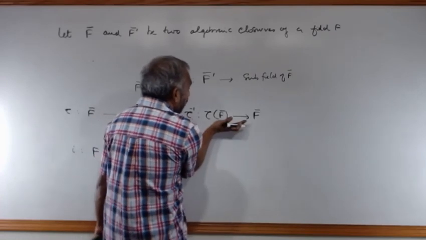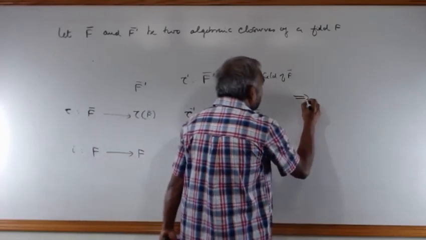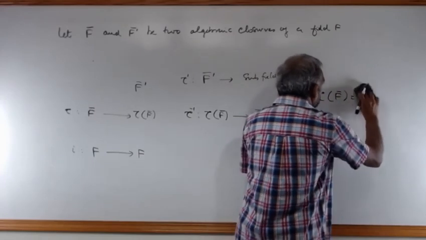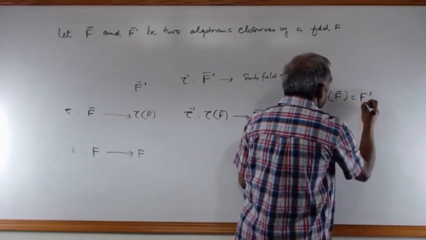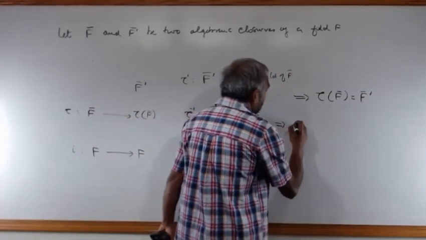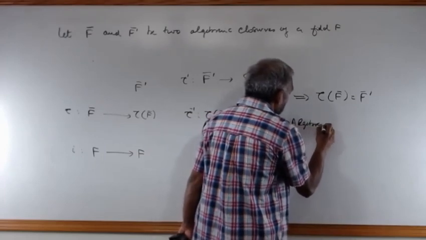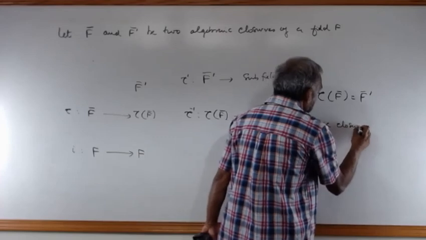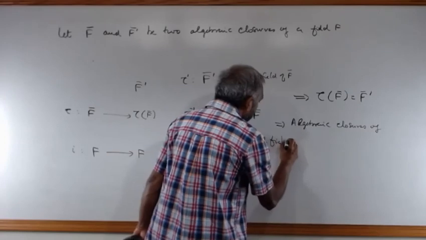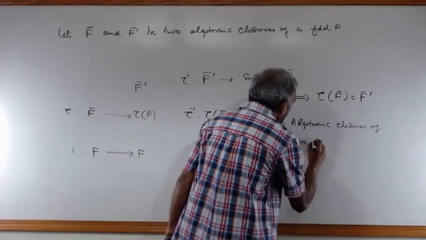So if you are extending this one to a subfield of this, that implies tau of F closure is equal to F prime closure. So that means algebraic closures of a field are isomorphic.